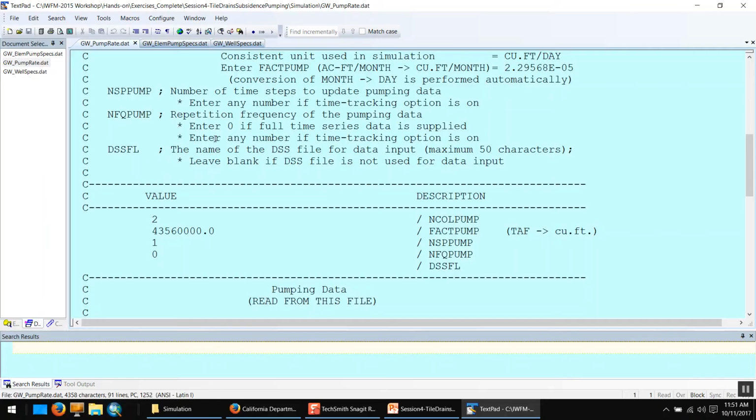So I would just give a large enough date that covers my simulation period, minus 70. But the problem is, this is per month, right? But I'm running a daily model.